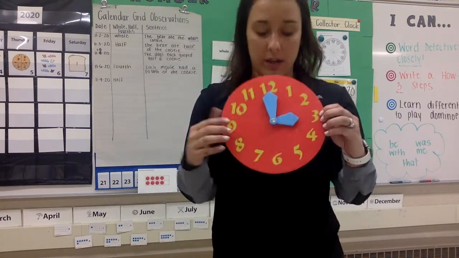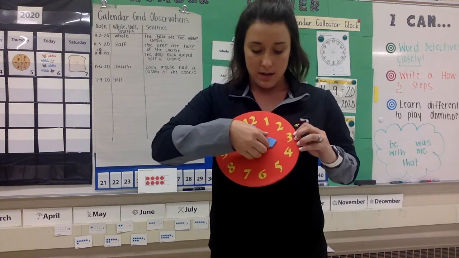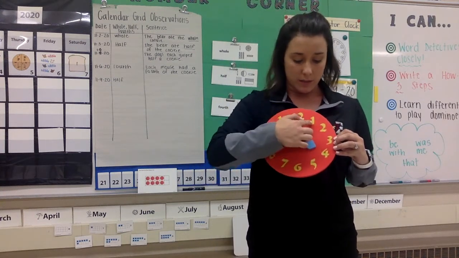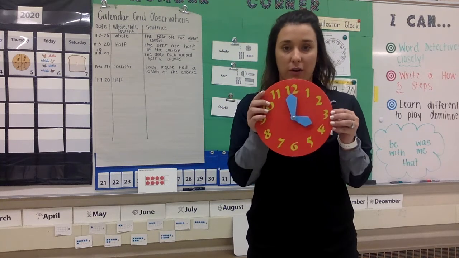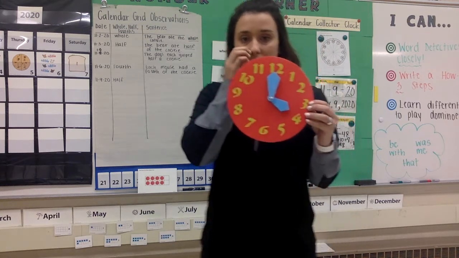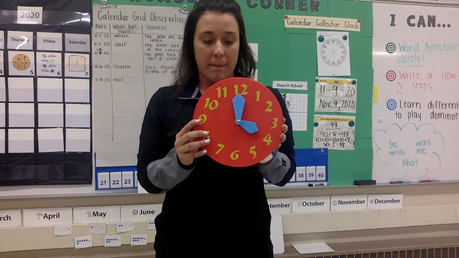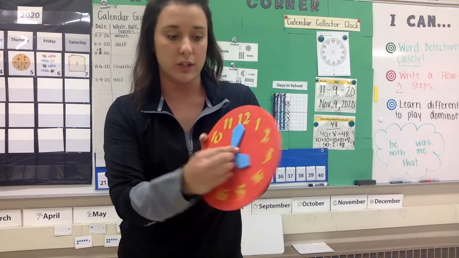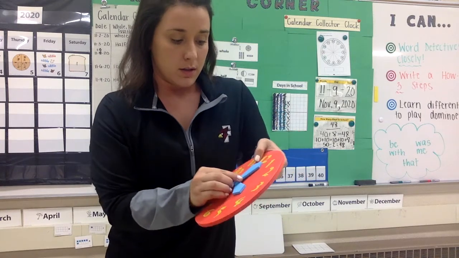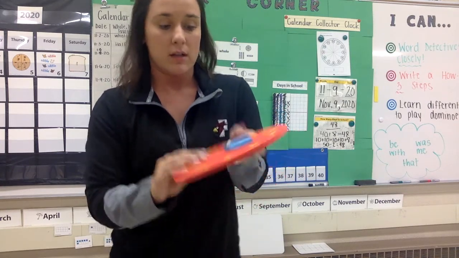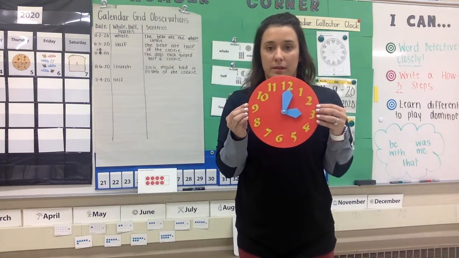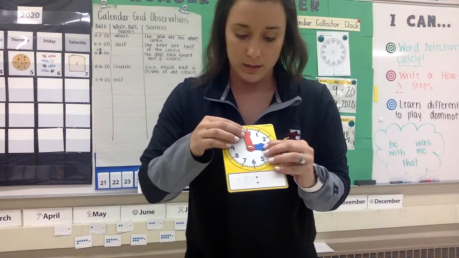Well, I noticed right away there's 2 hands. We have a big hand and a small hand. I also noticed that we have numbers 1 all the way to 12. Do you notice anything else? Good. Now what I want you to do is put your big hand on the 12 and move your little hand to the 3. It should look just like mine. Yours might look like this.